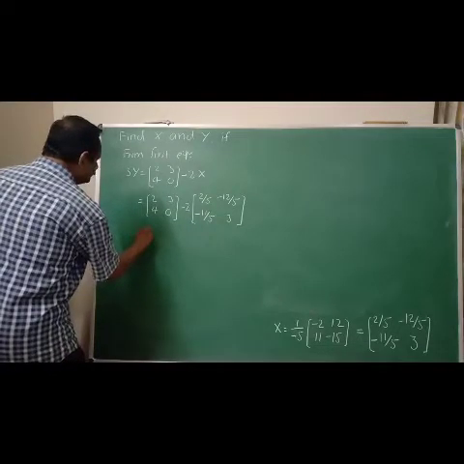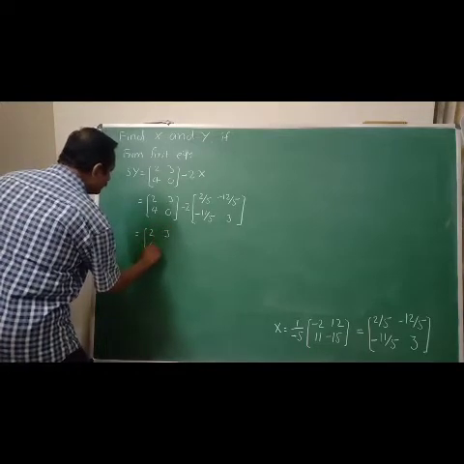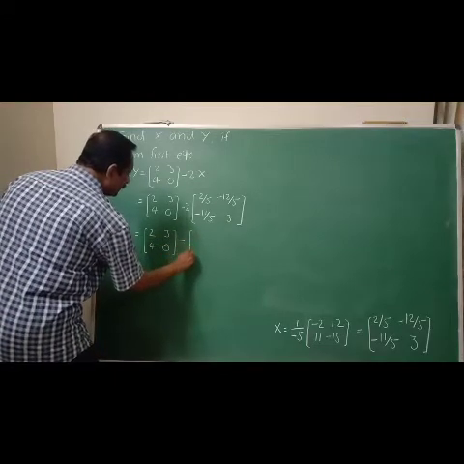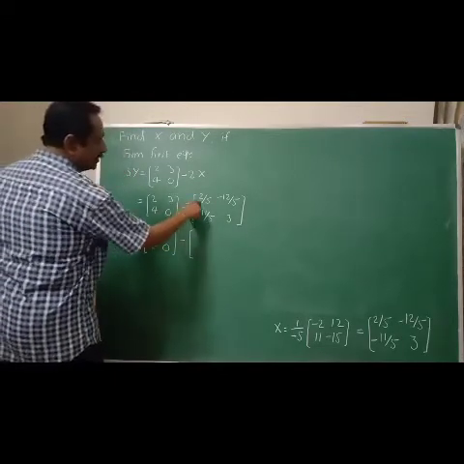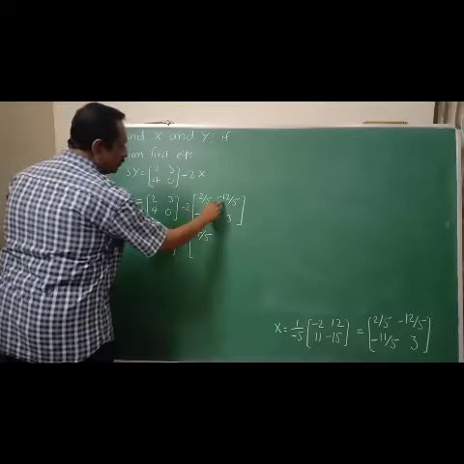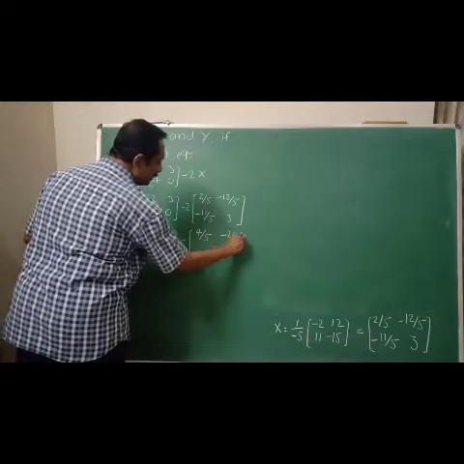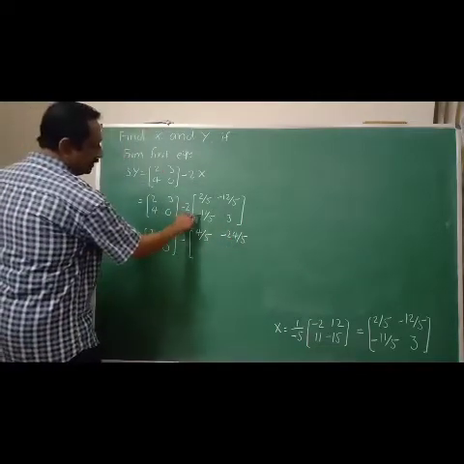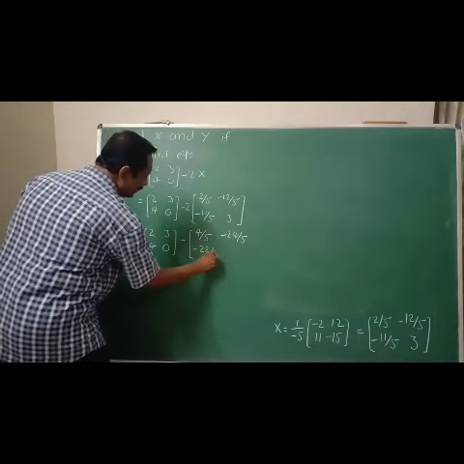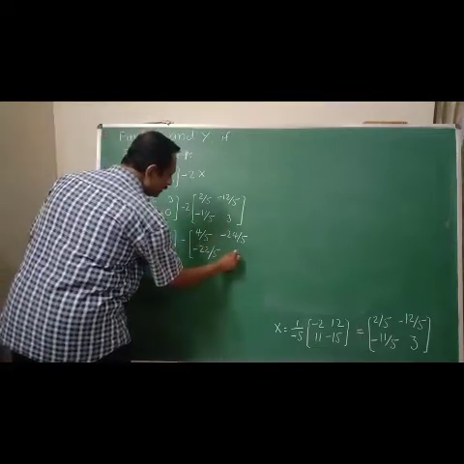Therefore this is equal to the matrix [2, 3; 4, 0] minus the matrix with 2 taken inside: 2 2s are 4, so 4 divided by 5. 2 into 12 is 24, so minus 24 divided by 5. 2 into 11 is 22, so minus 22 divided by 5. Then 2 3s are 6.